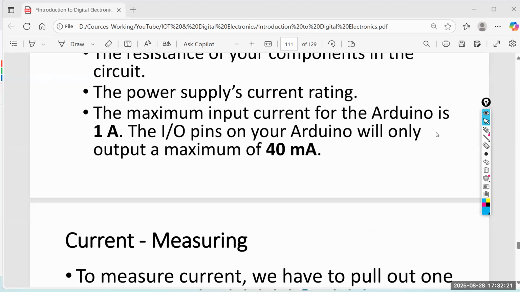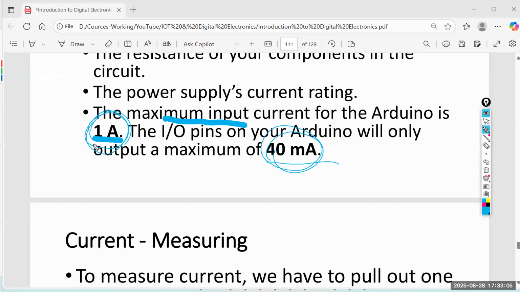So when we work with an Arduino board, usually we work with currents of about 40 milliampere, and the maximum input current for an Arduino board is 1 ampere. Typically your Arduino board has input output pins. Those pins will give you about 40 milliampere current, which is very tiny. But it can take about 1 ampere current from your laptop or from an external power source.